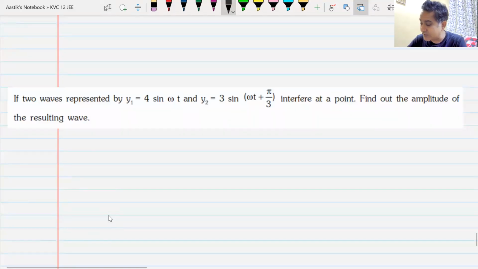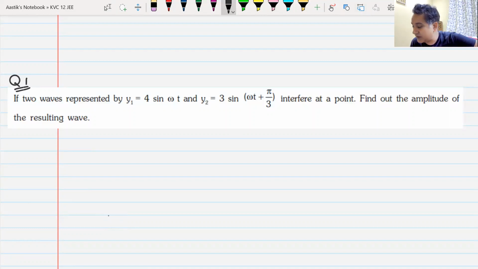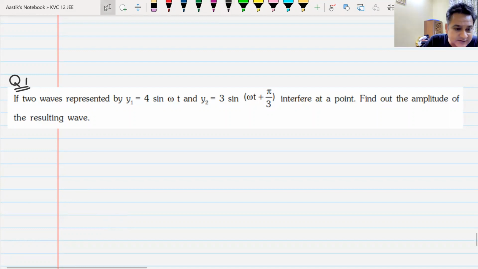These are the type of problems we expect in the exam. These are the type of problems that might trouble you in the exam. If two waves represented by y1 is 4 sine omega t and y2 is 3 sine omega t plus pi by 3 interfere at a point, find the amplitude of the resultant wave. I'll give you 2 minutes to do this.